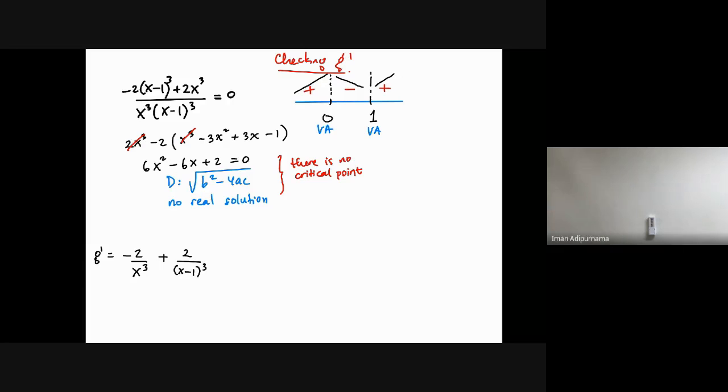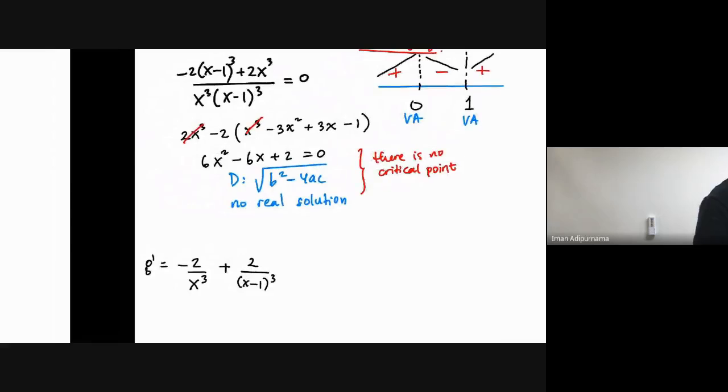But we still have not really finished figuring out how the function looks. Is it like this or like this? Then we need to check with the second derivative. From our form here, we have the first derivative like this, and before we combine, it's like this one, right?